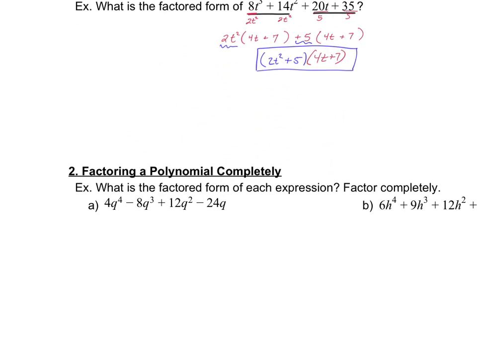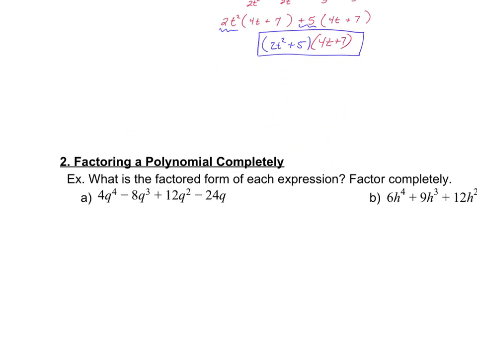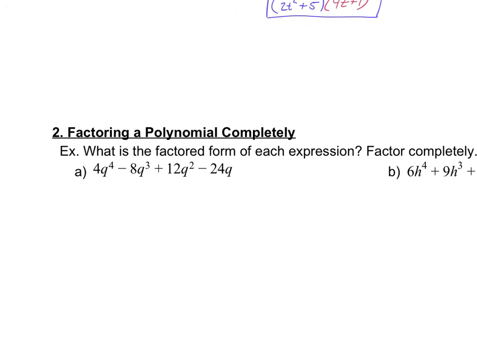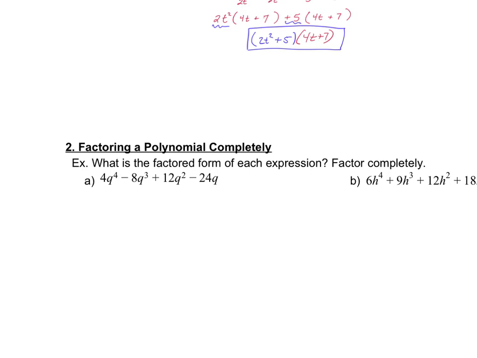Okay, so let's see here, factoring a polynomial completely. What is the factored form of each expression? Again, the first thing I want to do is look for a greatest common factor. We have 4q to the fourth minus 8q cubed plus 12q squared minus 24q. If we look at each one of these, they each have a greatest common factor that we can factor out.